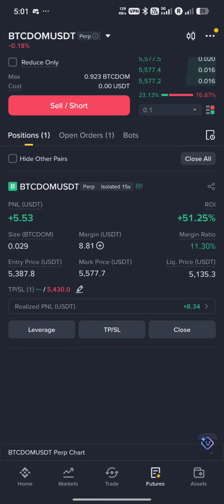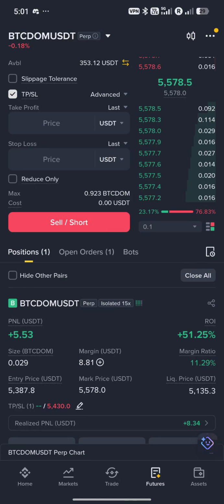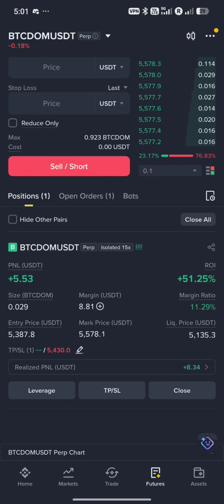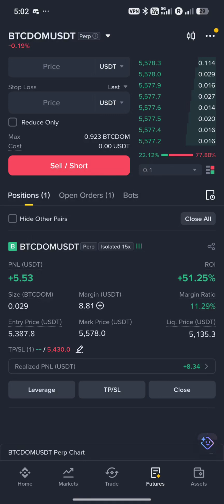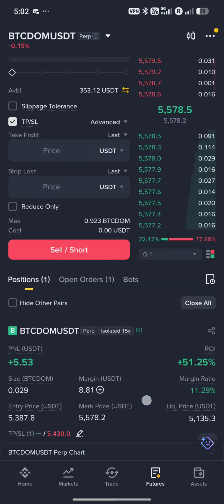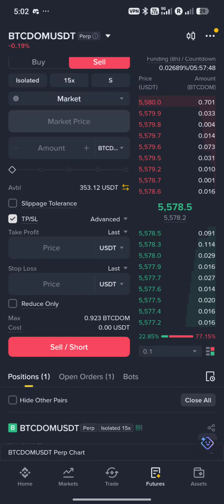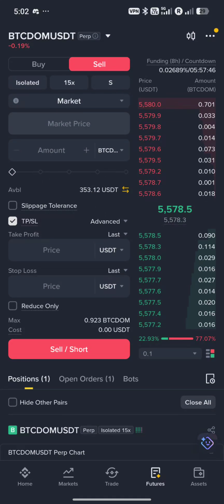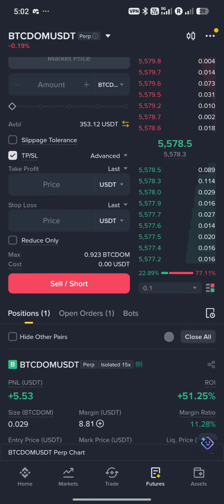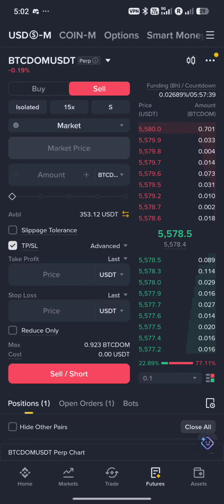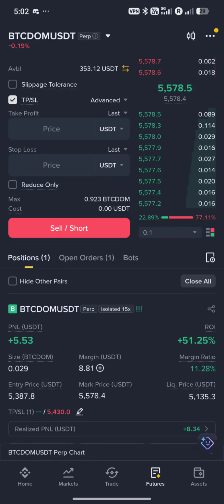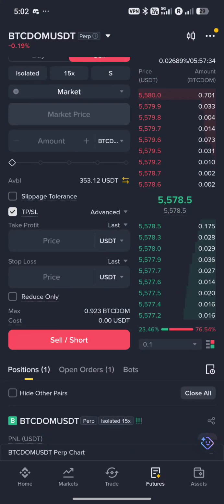You can see the liquidation price there is 5151 or 5135, and market is getting close to my liquidation. If I'm using cross and I still have like 300 and something dollar in my balance here, as you can see, then the platform will use part of my 300 and something dollar to keep my position running until my 300 and something dollar exhaust.